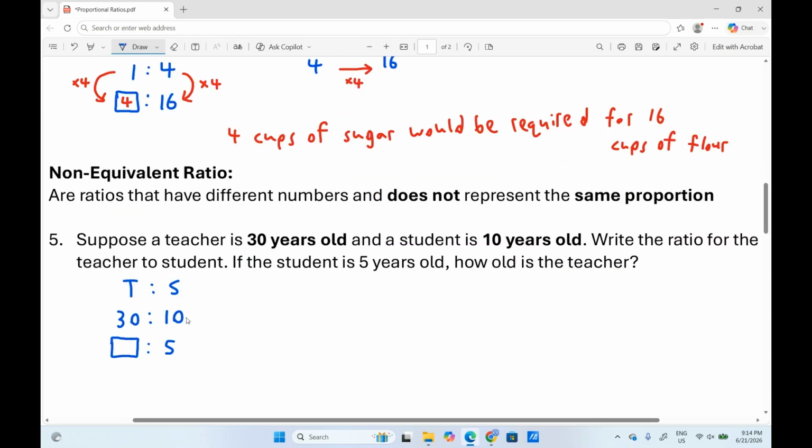I can't just divide 10 by 2 and 30 by 2 to get the same number. So how old is the teacher? The teacher is 25 years old.